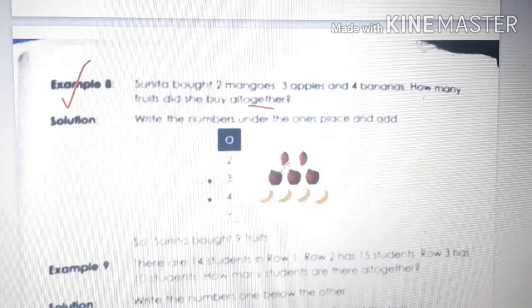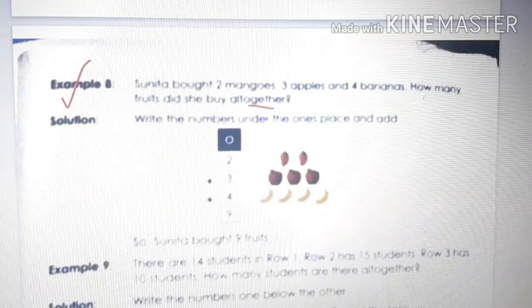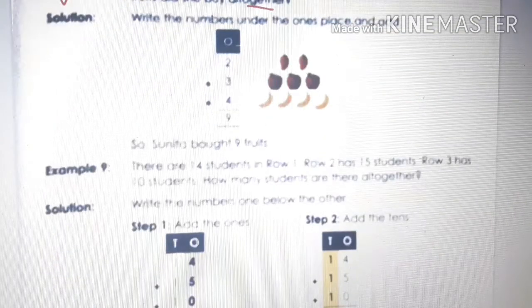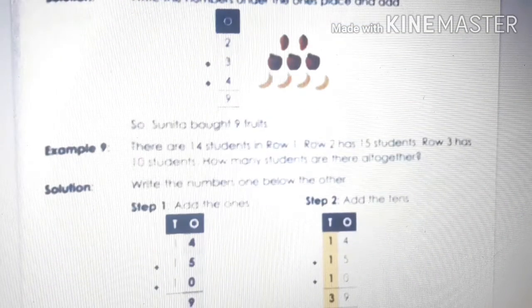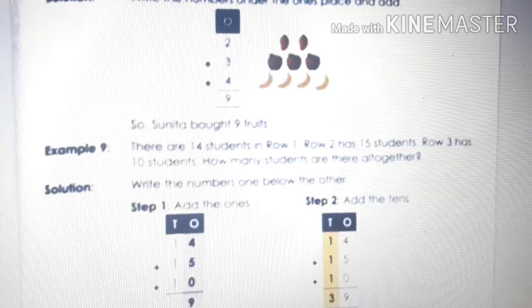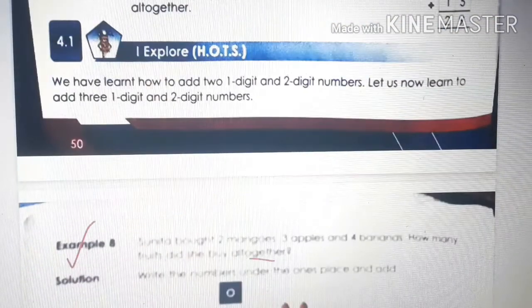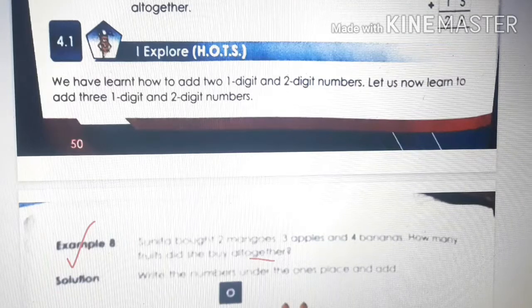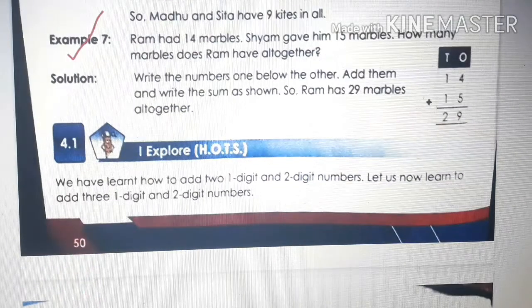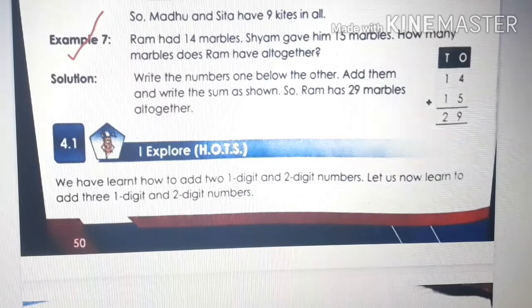Is it clear? Okay. Then you can practice this, children. Example 6, 7 and 8 in your copy. And now let's start. I will discuss the homework.